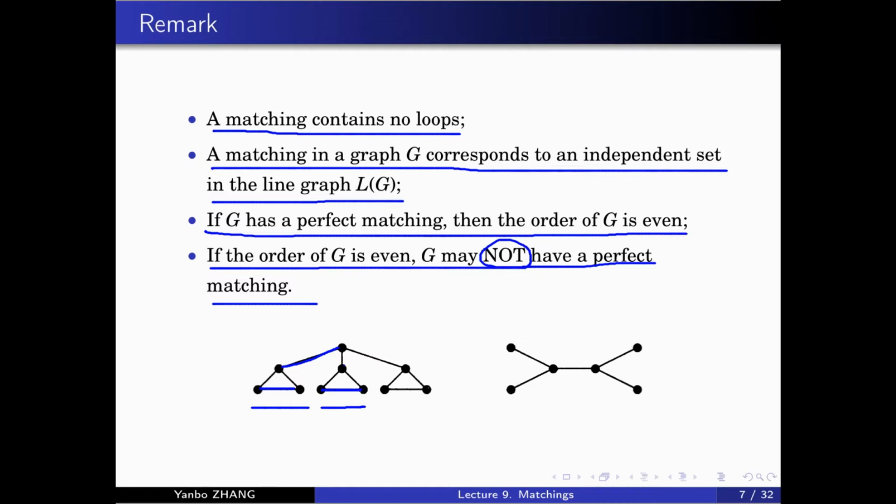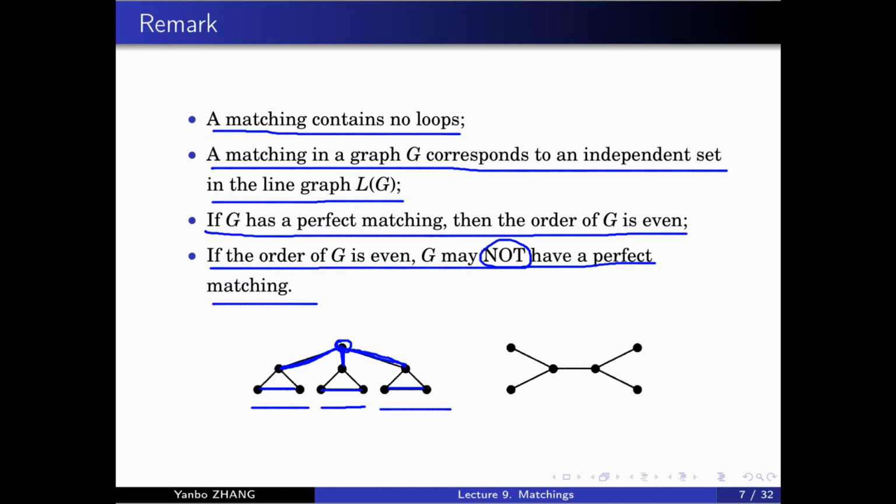This edge and this edge must be in the perfect matching. But now we see that this is not a matching because these three edges share a common vertex. This graph has 10 vertices, but it has no perfect matching.